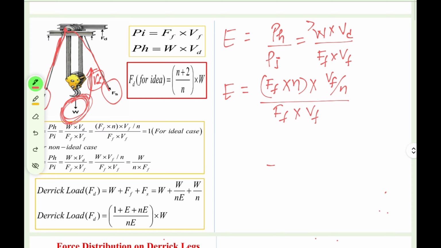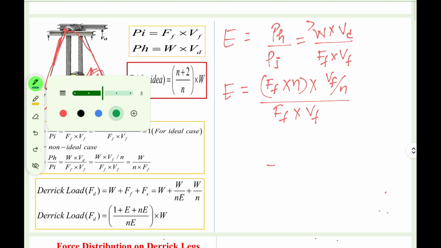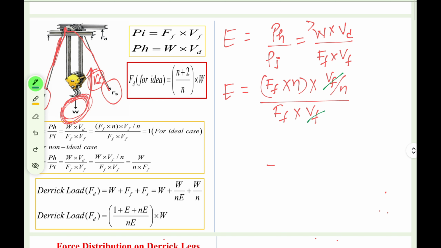So if you do some calculation, this Vf will cancel out with this Vf, this N will cancel out with N, and this Ff will cancel out with Ff, the fast line load. So it will be equal to 1.